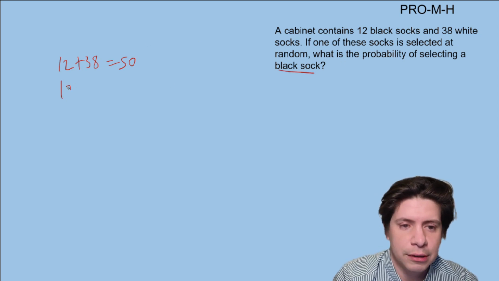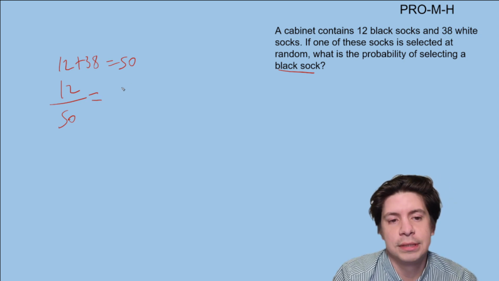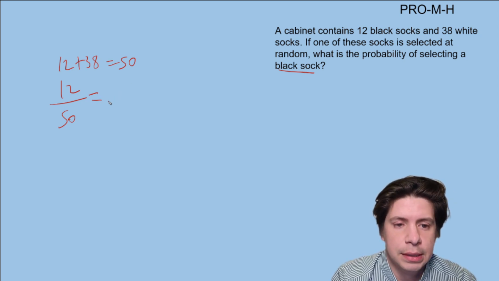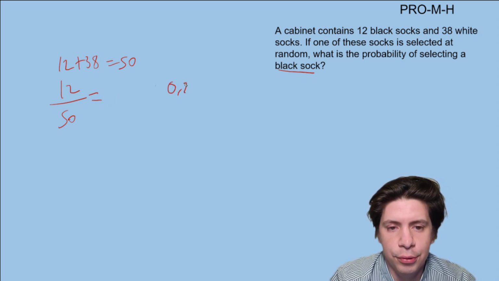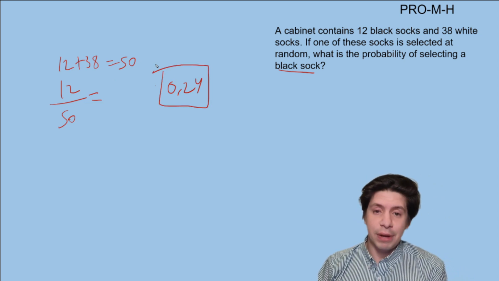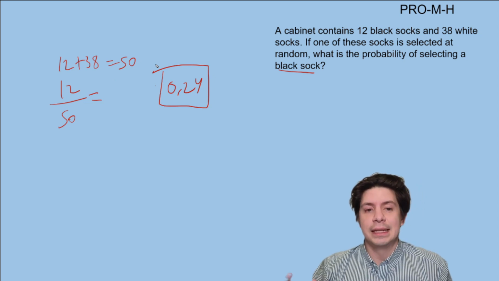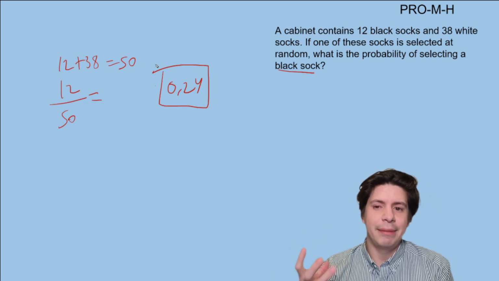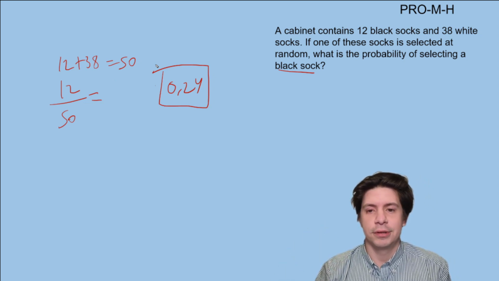So we're going to do 12/50, which is going to be 0.24. Okay, so if you know how to do this one, you should be in a great position for this. It's a very fundamental question, maybe the most fundamental type of probability question.